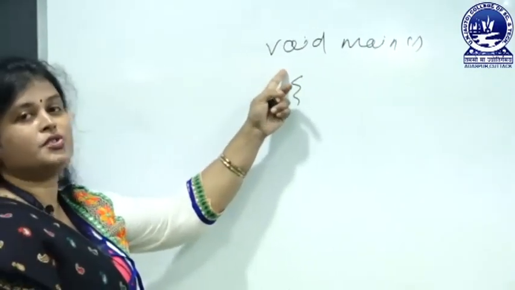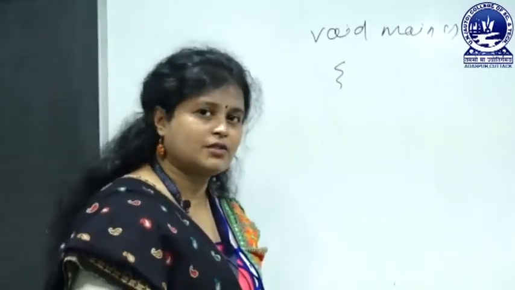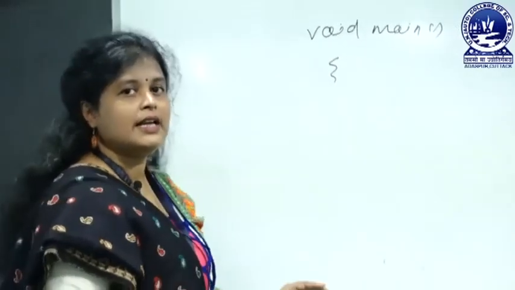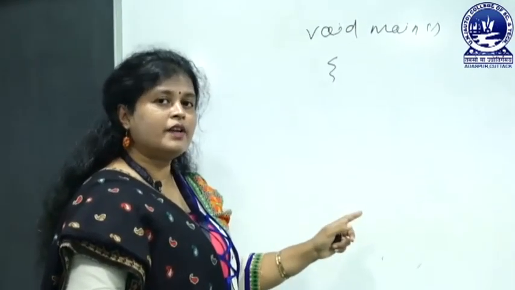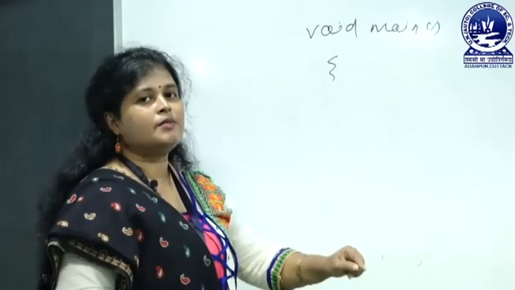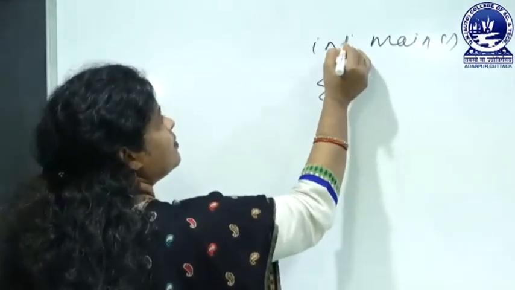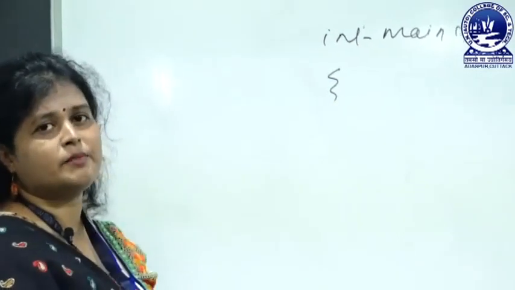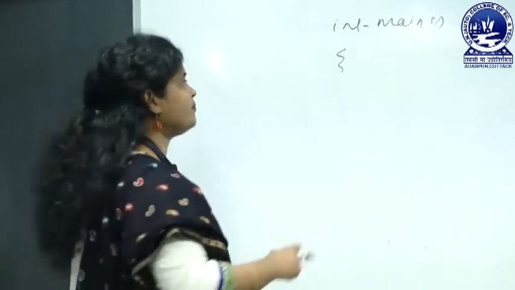Why should you write void here? If you are not writing void, it is also okay, but it is not wise. Instead of void, you may use int main also. If you use int main, then you have to write return 0. Let us use it instead of void, because we have already done so many programs using void. Let us write some program using int.